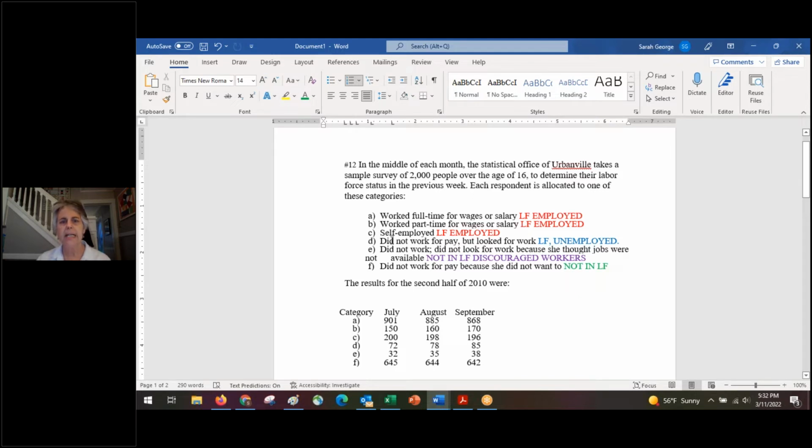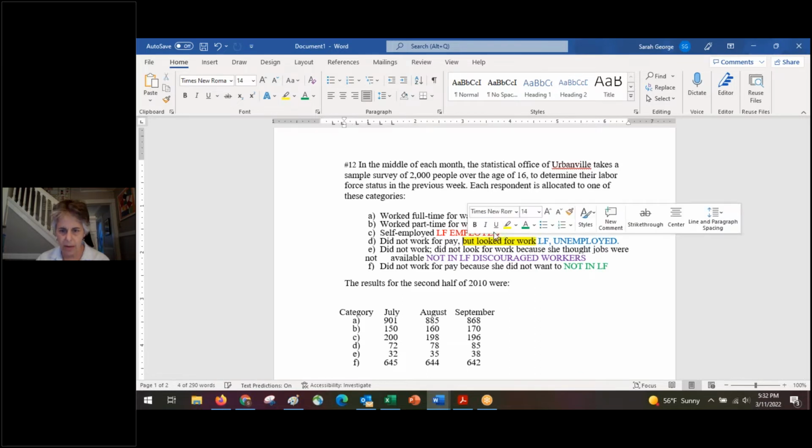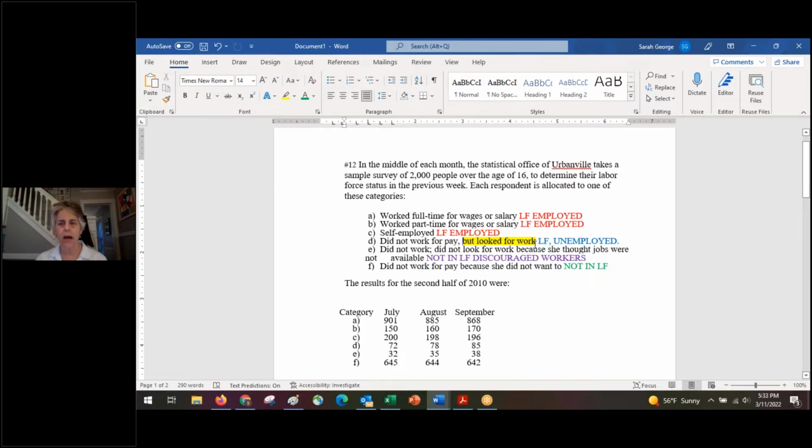D, did not work for pay, but looked for work. This part I'm highlighting real quick for you is the important part in this line. You are only considered unemployed if you do not have a job, but you're actively seeking one. So the folks here in D are in the labor force, but they're unemployed.